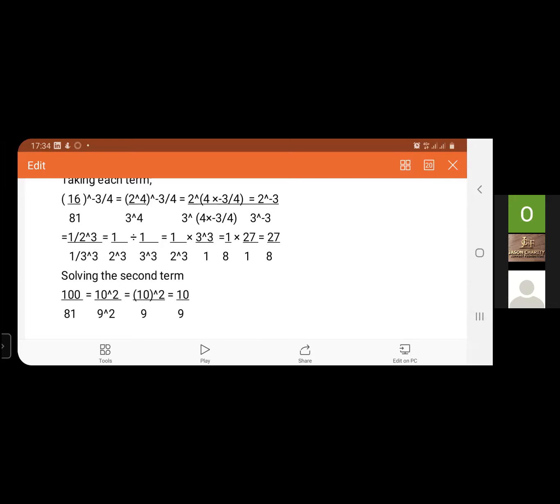So when we separate the numerator from the denominator, we have 1 all over 2 raised to the power 3 divided by 1 over 3 raised to the power of 3.